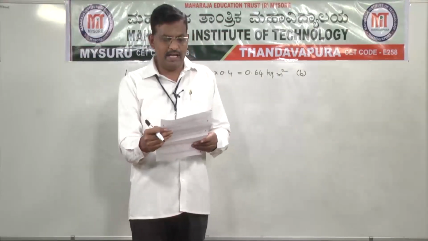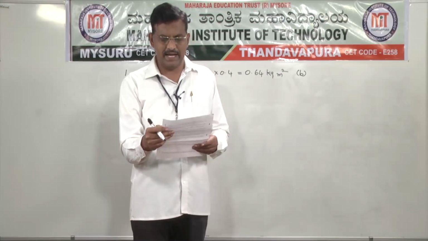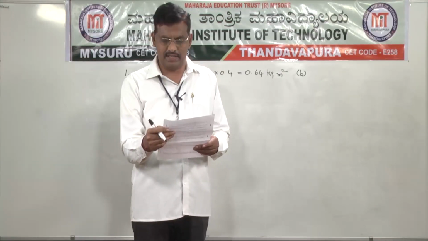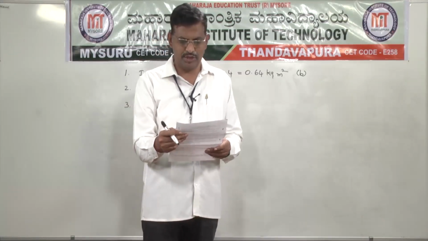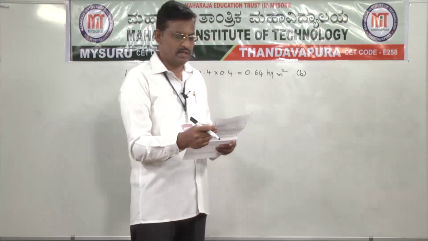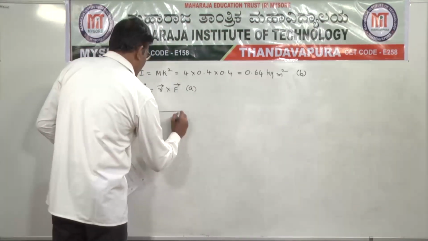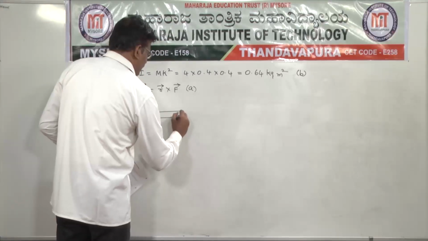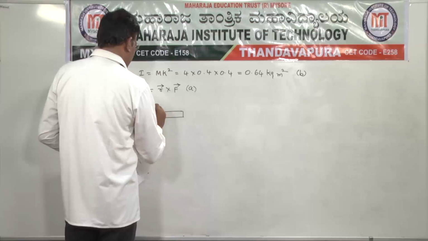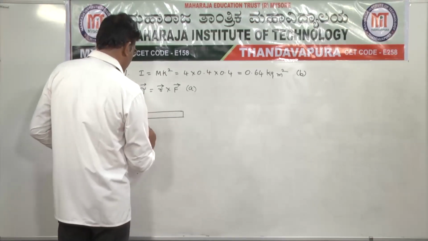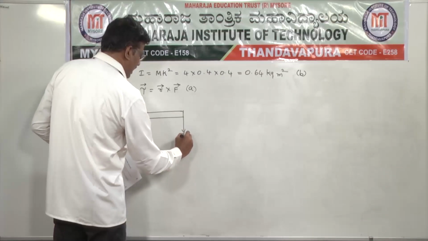A light rod AB of length 2L is acted upon by two forces at its ends as shown in the given figures. These two forces have the same magnitude. In which case is the rod in rotational equilibrium? Observe the diagrams. Two diagrams are given in the question. In the first case, two forces are acting in the same direction in the given diagram.